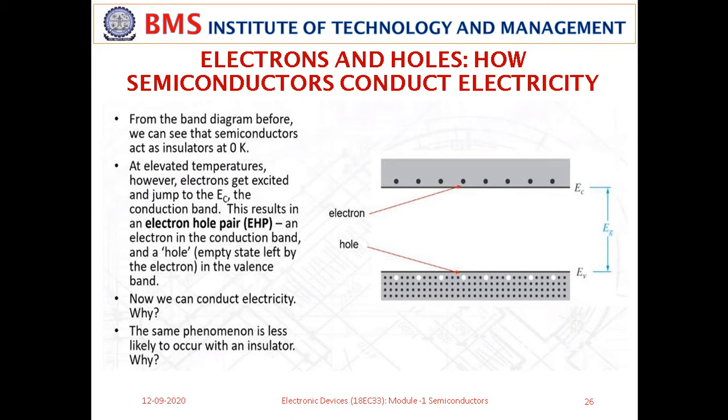Think about this. Because of temperature, you are seeing electron hole pairing happens here. My question is, because of the elevated temperature or rise in temperature, do you think that current is substantial or large?